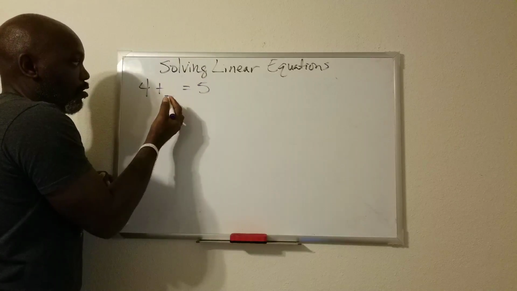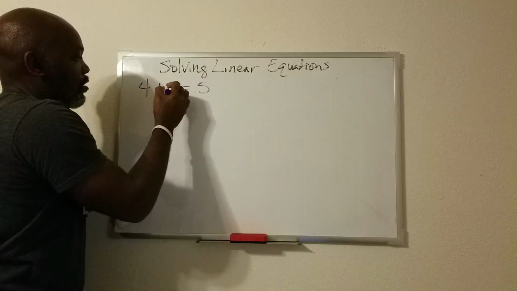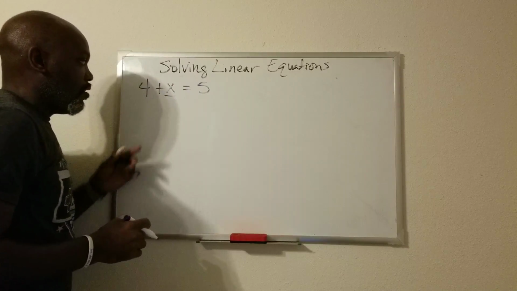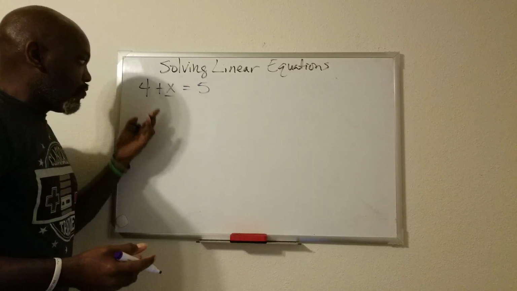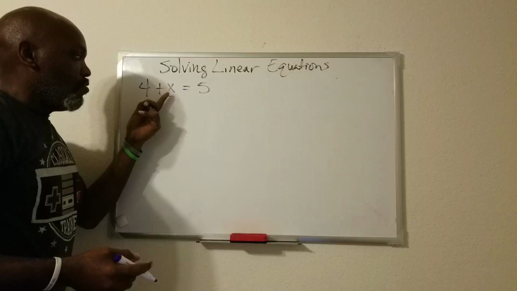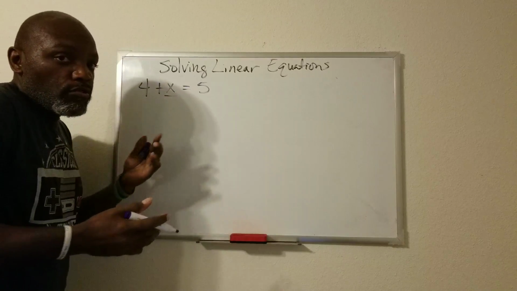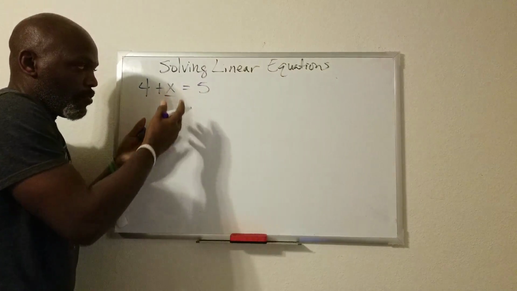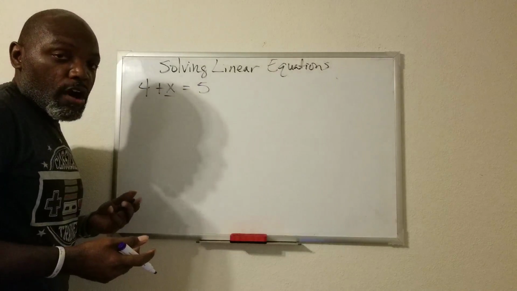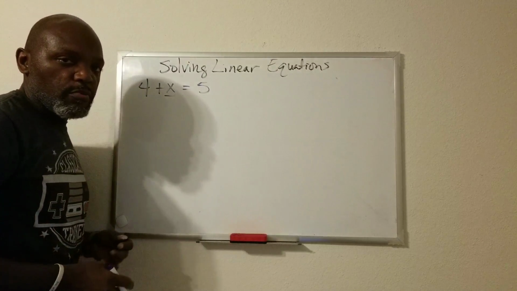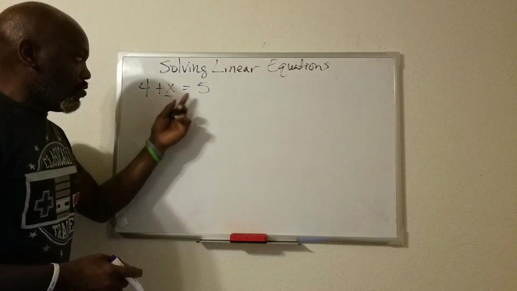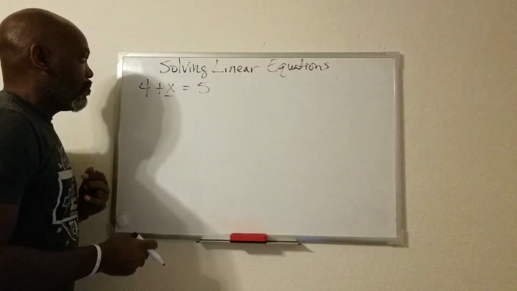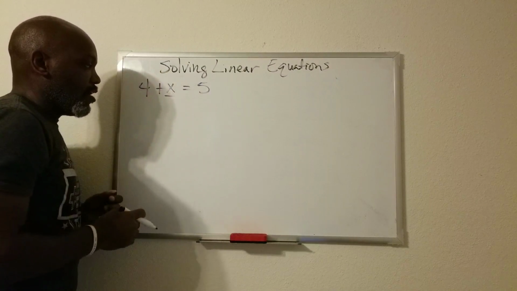And what's there? Hopefully you would say 1. But now we've put x there, and people get all crazy because there's a variable. It's only saying here's a number, but we don't know what the number is. We just represent it with a letter. Why a letter? Because it wouldn't make sense to represent it with a number, because then this would not be a true statement, if we use any number other than the correct answer.